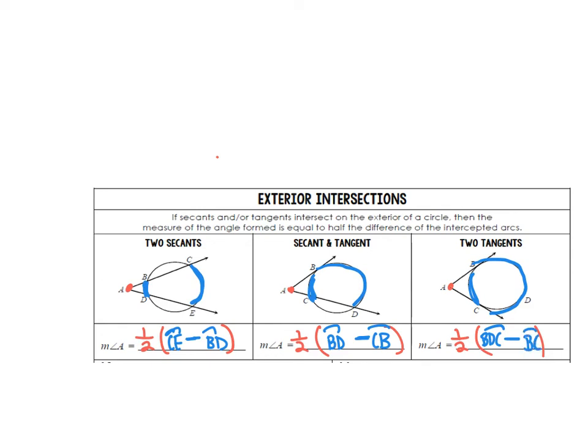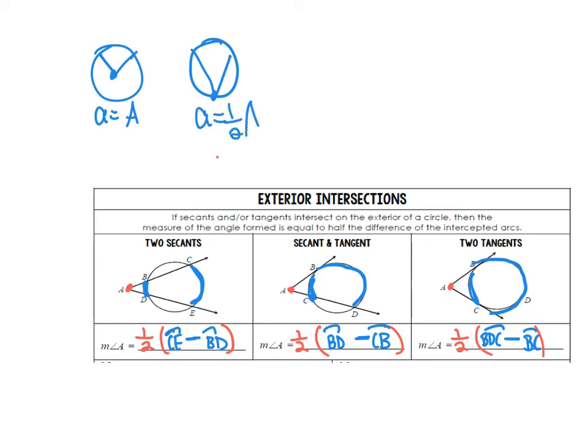Okay, so let's recap one more time. If your angle is formed at the center, the angle is equal to the arc. If your angle is on the circle, the angle is equal to half of the arc. If your angle forms anywhere inside the circle, the angle is equal to half arc 1 plus arc 2.